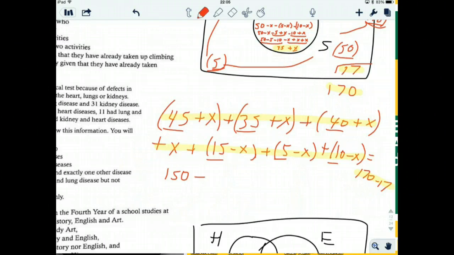And then we add up all the x terms, which would be x, x, x, that would be 3x, 4x, minus x would be 3x, minus x would be 2x, minus x would be 1x. So 150 plus x is equal to 153. So x is equal to, and we subtract 150 from both sides, x is equal to 3.